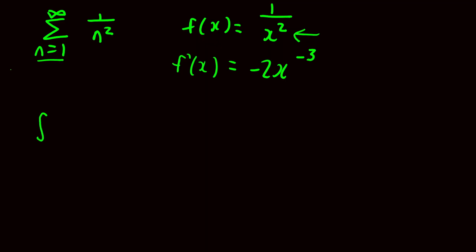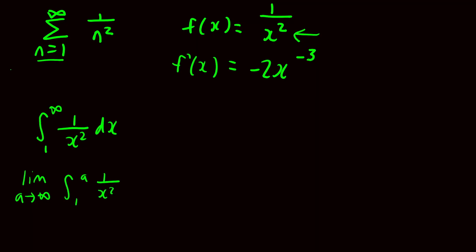Let's take the integral from 1 to infinity of 1 over x squared dx. Now we just do improper integrals. The limit as a goes to infinity of the integral from 1 to a of 1 over x squared dx equals the limit as a goes to infinity of negative 1 over x from a to 1.